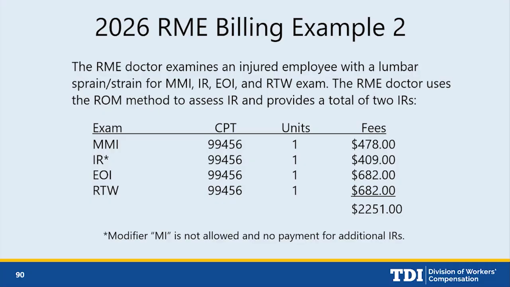Impairment rating is only for one body area. And remember, even though they did multiple impairment ratings, they're not going to get reimbursed for that as an RME doctor. So there's no extra lines for multiple impairment calculation or a modifier. So this extent of injury is 99456, reimbursed at $682, along with return to work at $682, would be a total of $2,251 for that exam.